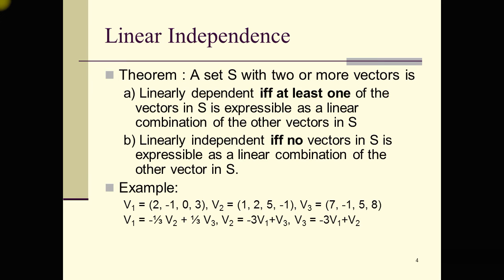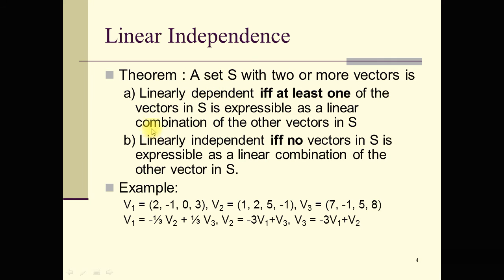Now there are some theorems. By using the theorem we can say directly whether the vectors are linearly independent or linearly dependent. This theorem says that for a set S with two or more vectors, the vectors will be linearly dependent if and only if at least one of the vectors in S is expressed as a linear combination of the other vectors in S. So we can use the linear combination procedure for linear dependence.